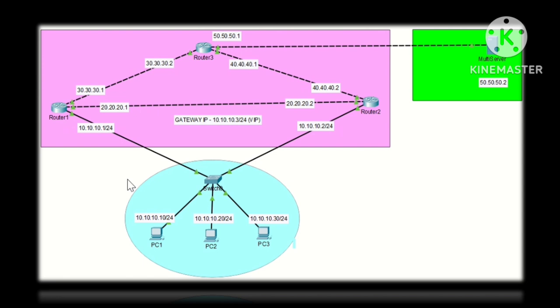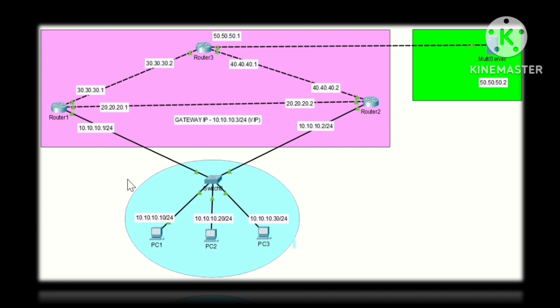Of course, the physical interface connecting the switch towards your LAN network is assigned a physical IP address, 10.10.10.1 on the left and 10.10.10.2 on the right side, connecting the routers. But these two routers are part of the virtual group whose IP address is 10.10.10.3, which is going to act as a virtual gateway IP address.